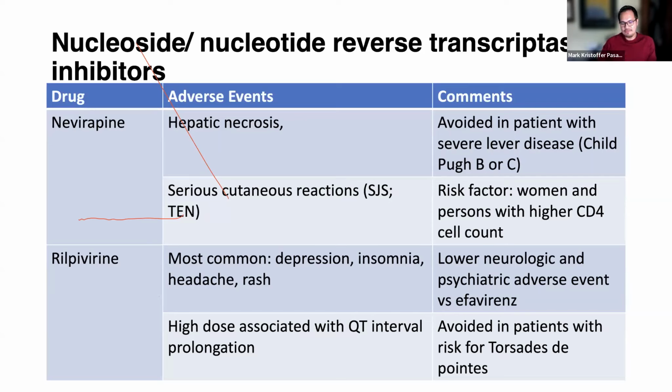So if the patient is on efavirenz and okay pa yung kaniyang intake ng NNRTI, and the patient complains of neurologic and psychiatric events because of efavirenz, rilpivirine is also a good option. Now, rilpivirine is also associated with prolonged QT interval, so there's the risk of arrhythmia. So avoid this medication in patients with risk for torsades de pointes.